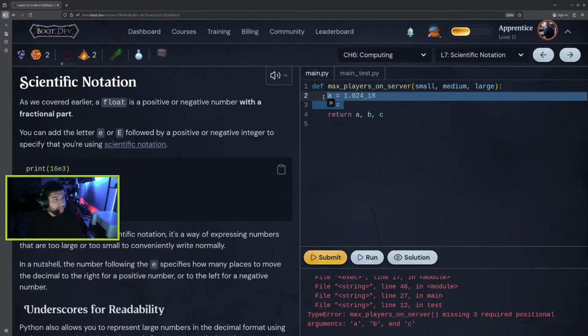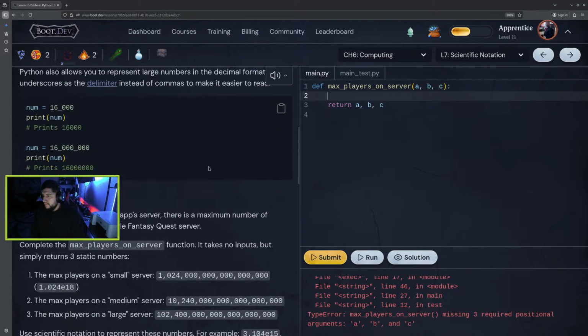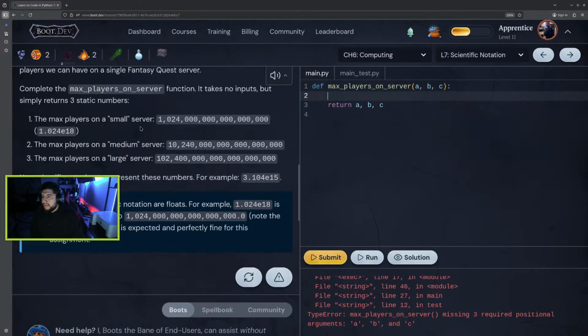Now I'm confusing myself. Alright, the max players on a small server is one.